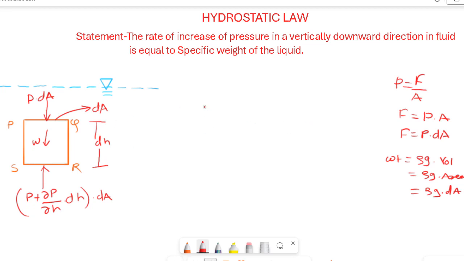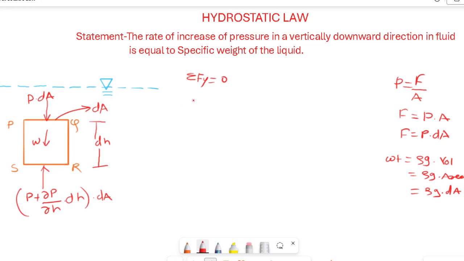Now we have everything ready with us for the derivation, so let us begin the derivation. Now for equilibrium of this particular element, we will write sigma Fy is equal to 0. So I will consider all the vertical forces and equate them to 0.